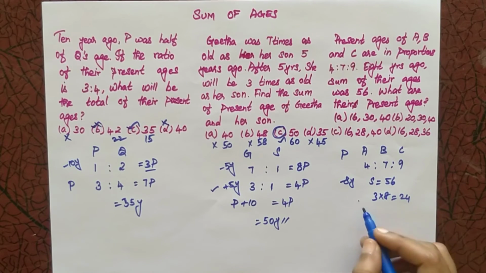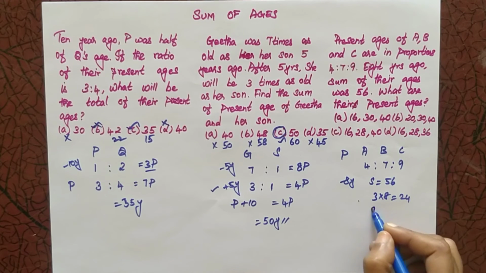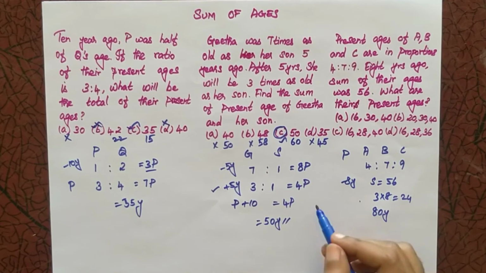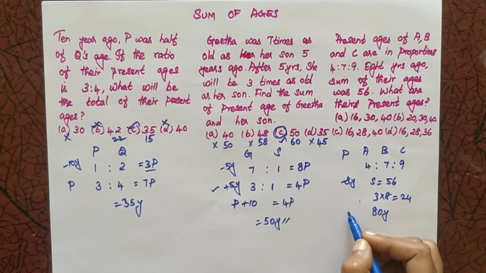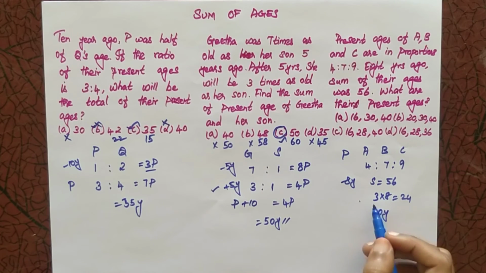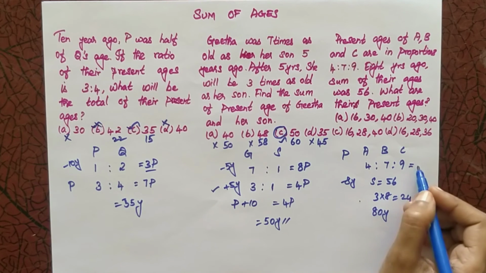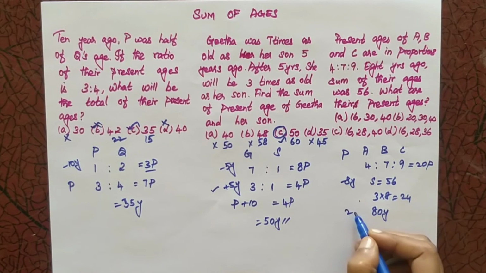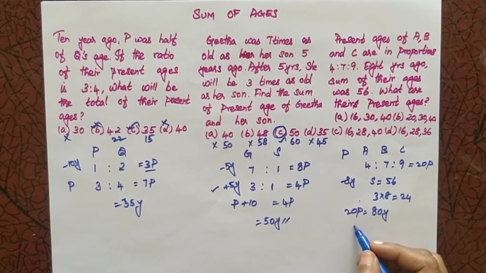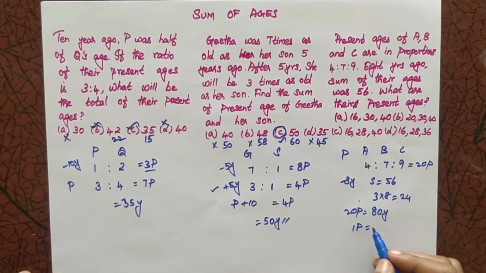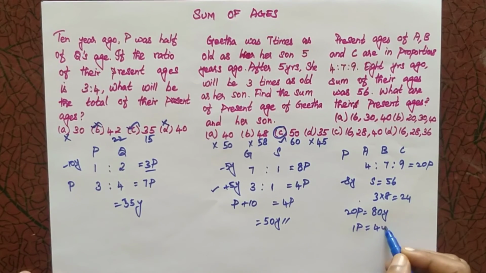So 56 plus 24, you will get 80. So sum of their present age will be 80 years. So sum of the parts is 4 plus 7, 11, 11 plus 9, 20 parts. So 20 parts equal to 80 years. That means 1 part equal to 80 divided by 20, that is 4 years.